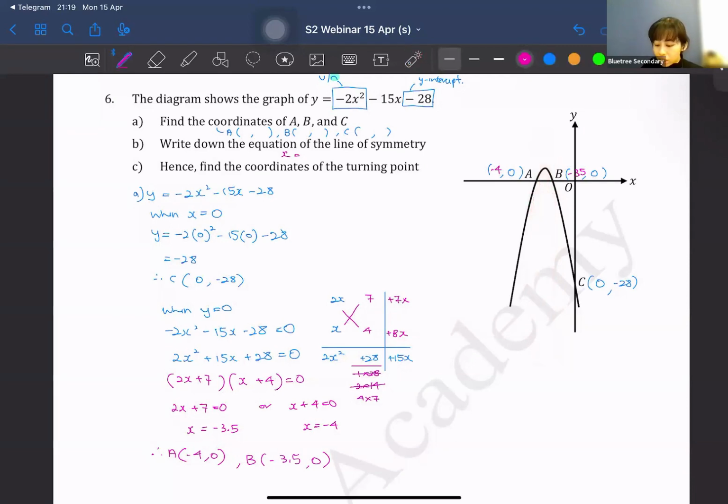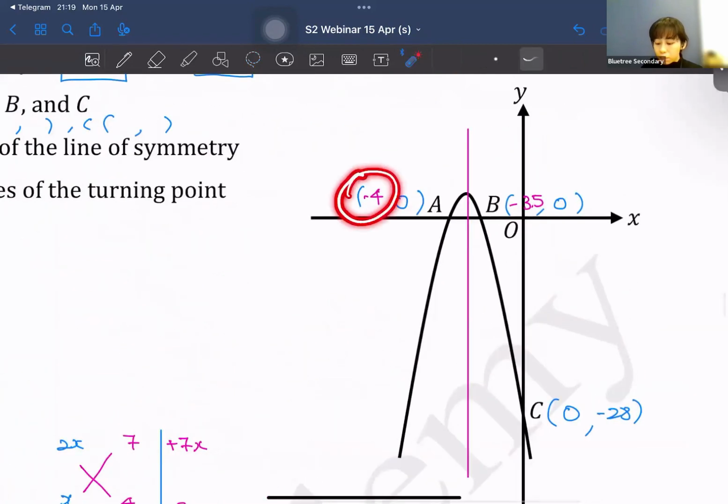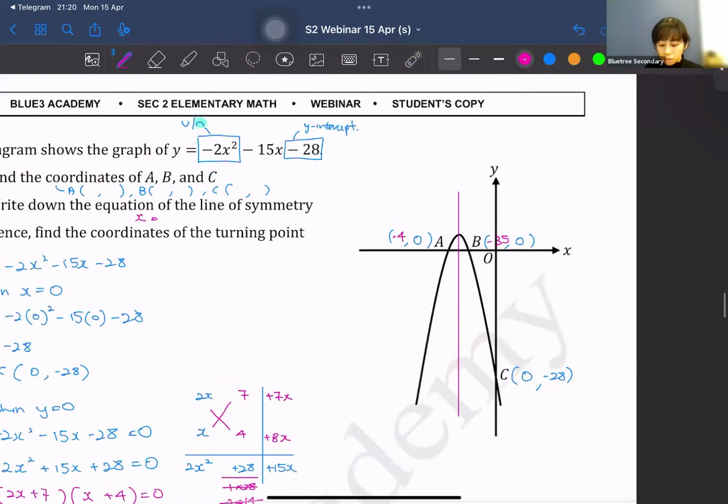So to find the line of symmetry, it is going to be right smack in between your two x-intercepts. So since it's in between negative 4 and negative 3.5, to find that middle value is just half of the sum of the two x-intercepts.